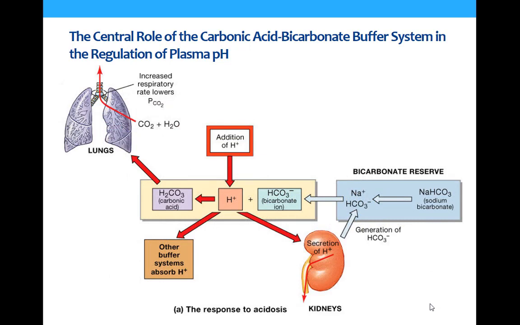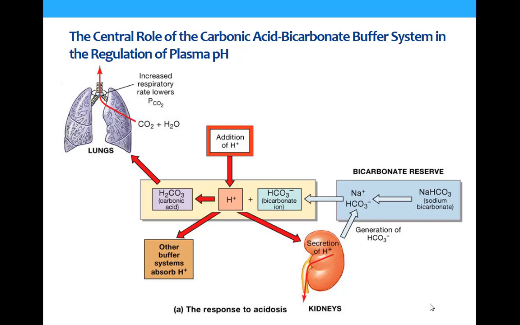So now let me show you this in a better picture here. For example, if somehow acid was added into the blood, which means the pH has dropped, H plus is added in the blood. This H plus will combine to form carbonic acid, breaking down to CO2, right? And then the lungs will exhale CO2 out. The carbonic acid level in the blood will drop.